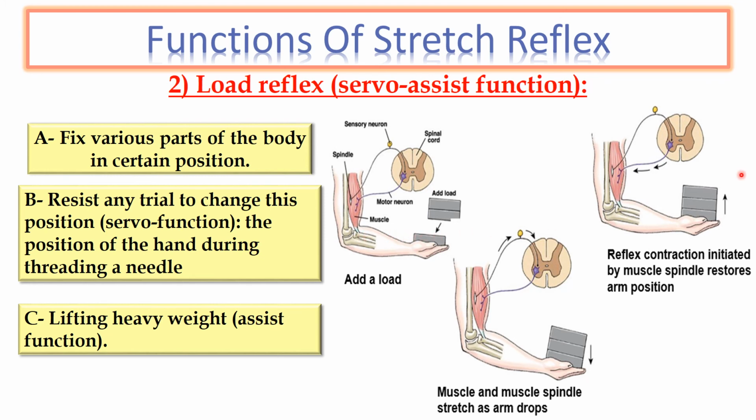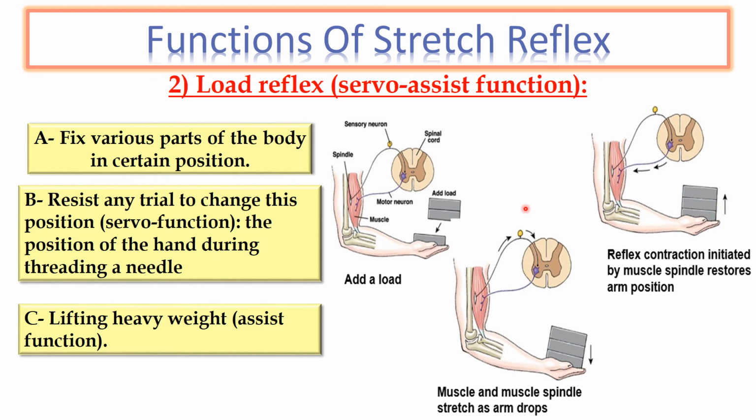When you add more and more load, the limb may fall down more. But why can't it fall down here? Because muscle stretching occurs, so reflex contraction occurs in the muscle due to the muscle spindle, restoring the arm position again. The muscle and muscle spindle stretch as the arm drops, so the arm will be elevated again.